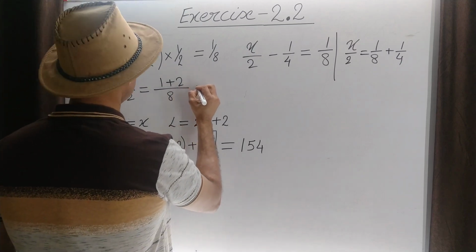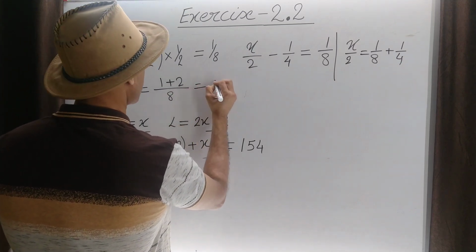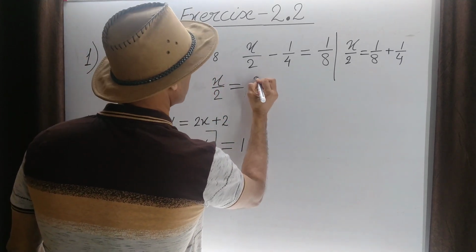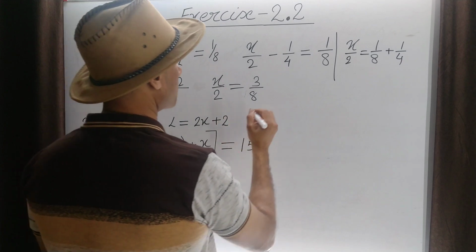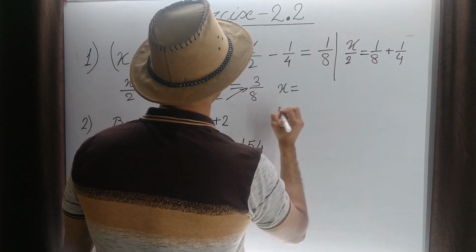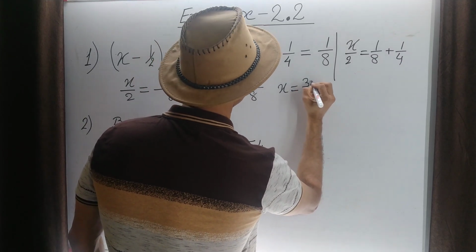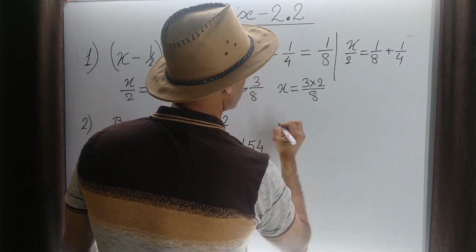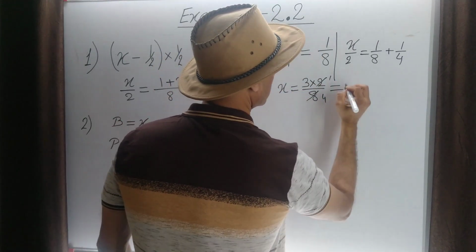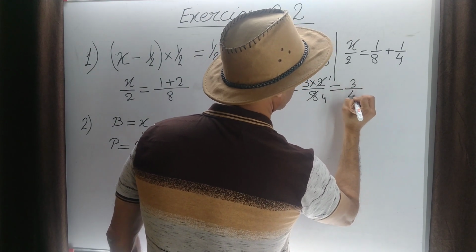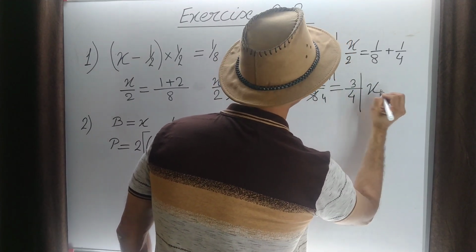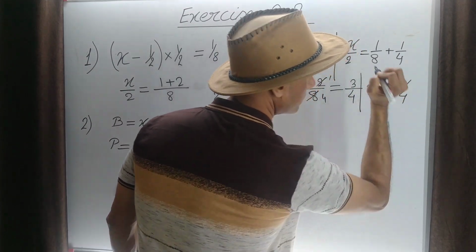So x by 2 is equal to 3 by 8. So x is equal to, cross multiplying, 3 into 2 by 8, which equals 3 by 4. That means we get the value of x as 3 by 4. Correct?